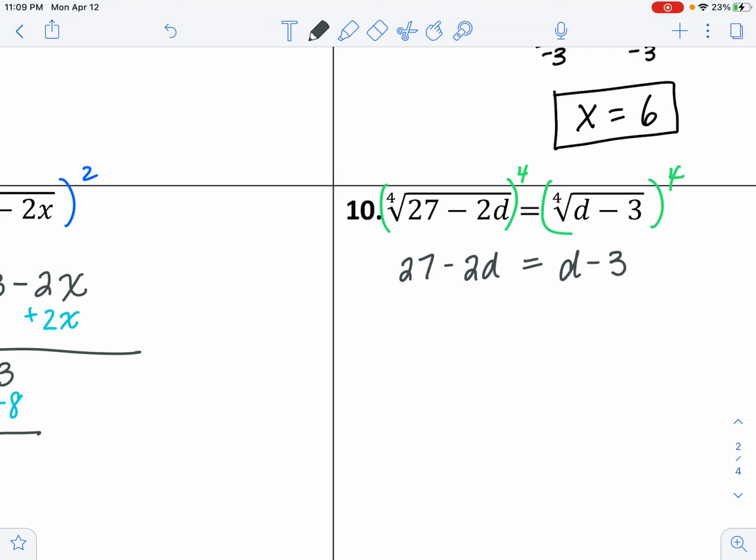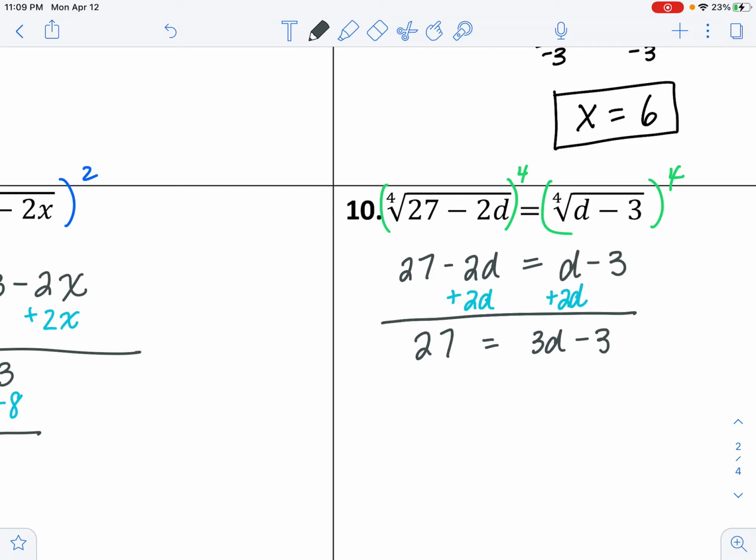We want to get our variables on one side and our numbers on the other. I like to have my variable coefficient positive, so I'm going to actually add 2d to both sides. And that will give me 27 equals 3d minus 3.